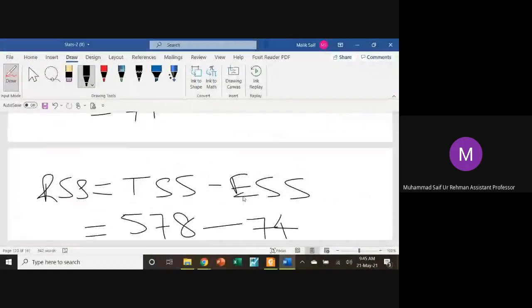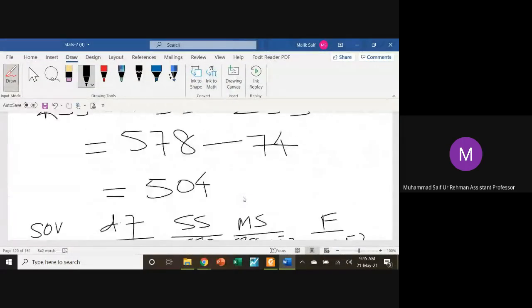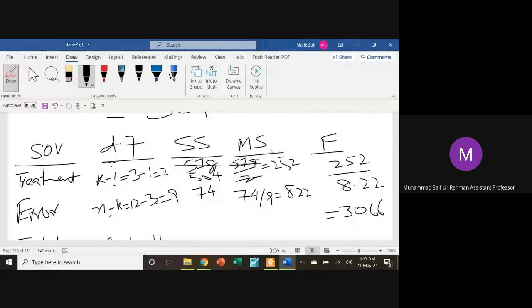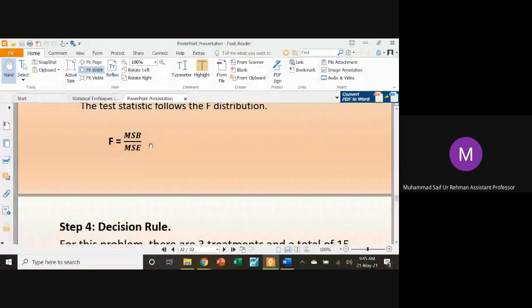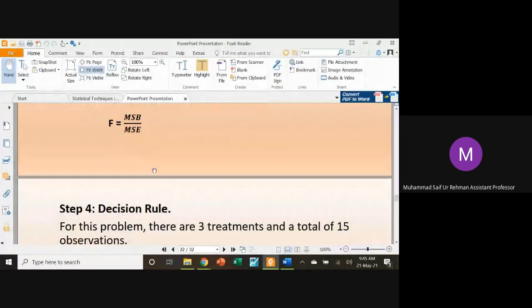In this case, you can write down here MST, and MSE. So MST and MSE could be found when you divide the sum of squared value by the concerned degree of freedom. So in this case I divided by 2, in this case divided by 9. Okay, so this is same, you can give notation according to your convenience.